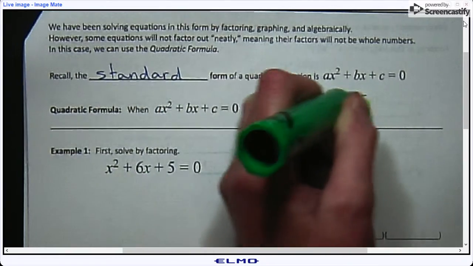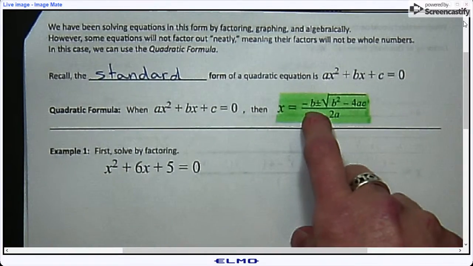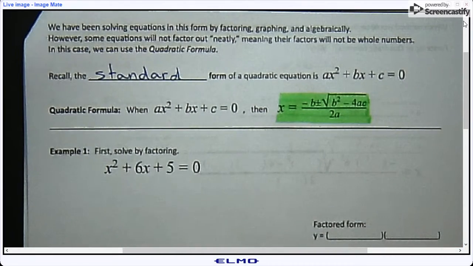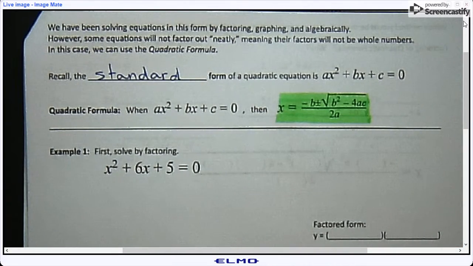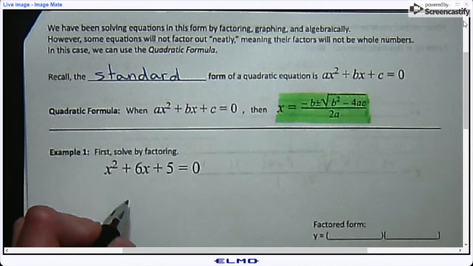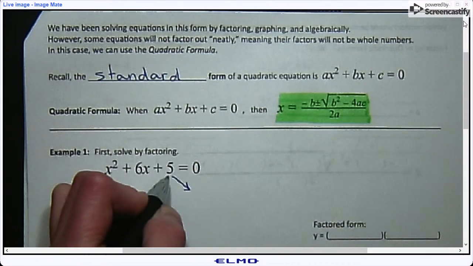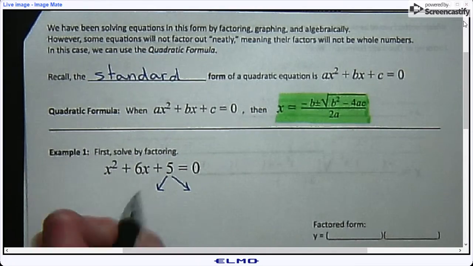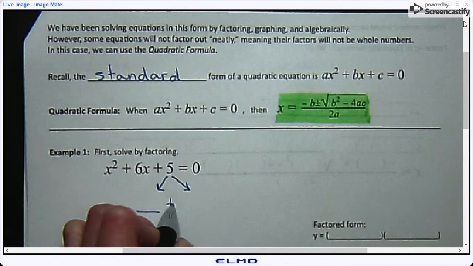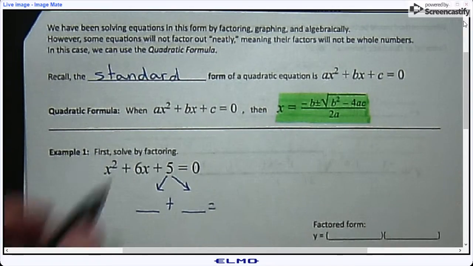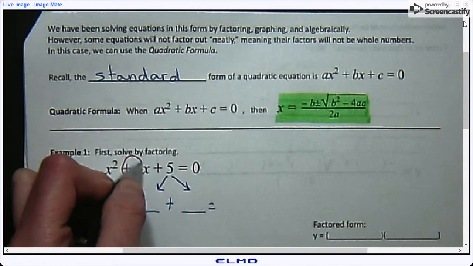The key to using this correctly is making sure that we put the correct number in place for each variable. So let's look at our example 1 using factoring, which we did last week. The first thing we want to do is find our factors of 5, which we can add to equal our center number, b, which is a positive 6.